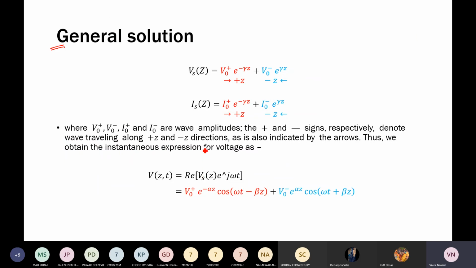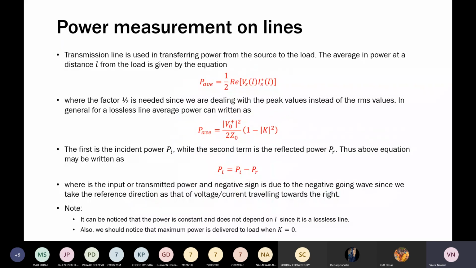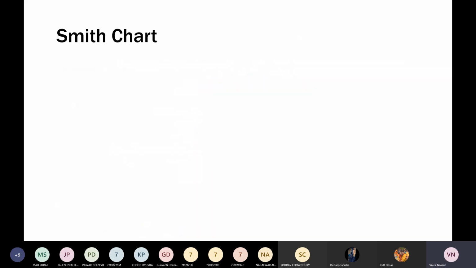You will not be asked to solve or derive these equations, but you need to have an understanding of them: what they want to say, what each individual term tells you and what its significance is, over here and over here as well. So we will discuss this part in the next lecture. And power transmission as well, and later on we are going to solve Smith chart numericals, a very important topic as far as a descriptive kind of examination is concerned.